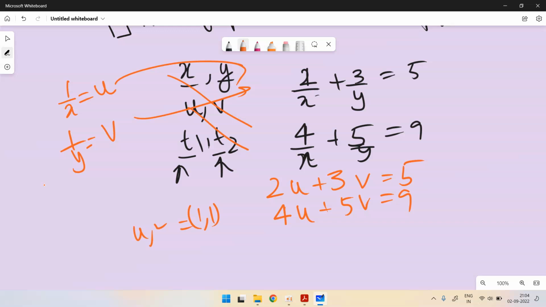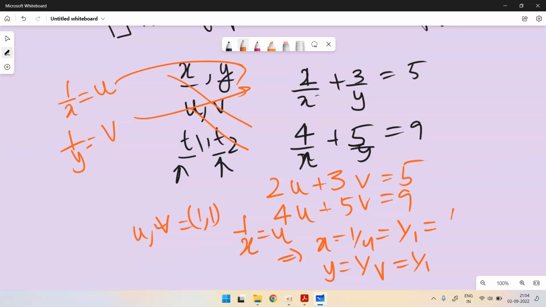The same question is given, just with the reciprocal of 1 by x. Now these are the values of u and v. If you want the value of x, you have taken 1 by x equal to u, which implies that x equal to 1 by u, nothing but 1 by 1 equal to 1. It is not necessarily that it will always be 1. So here you are getting the same: y is 1 by v, 1 by 1 equal to 1.